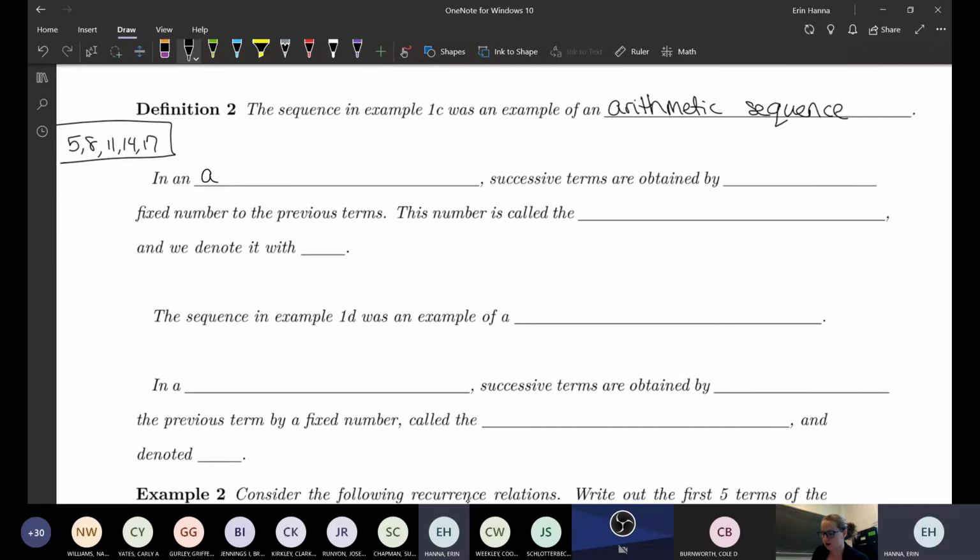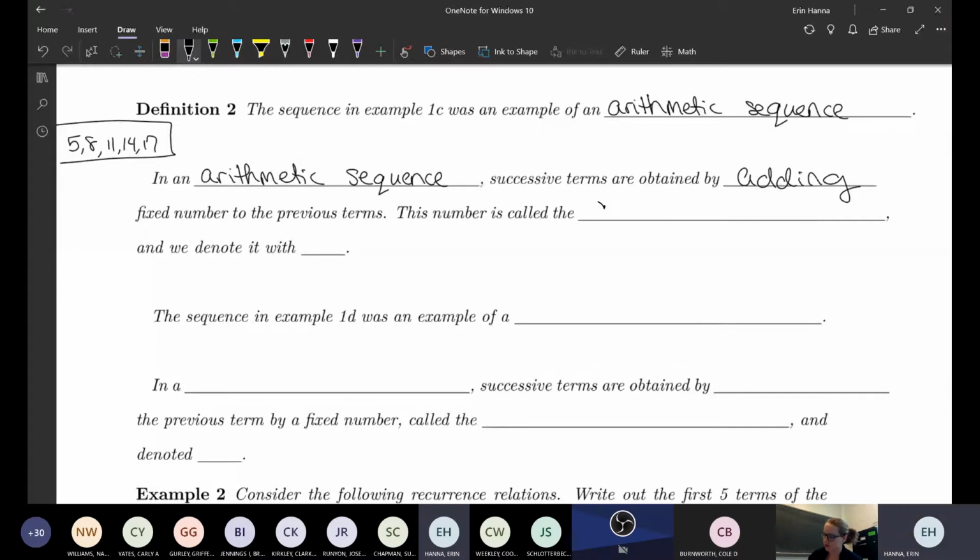So in an arithmetic sequence, successive terms, so terms that come right after one another, are obtained by adding a fixed number to the previous term.